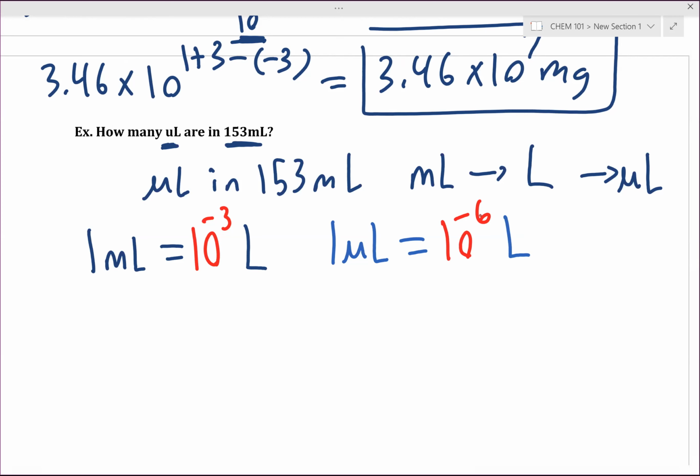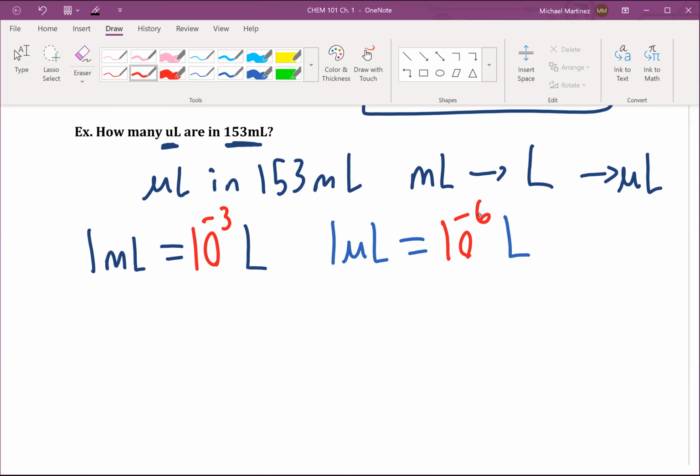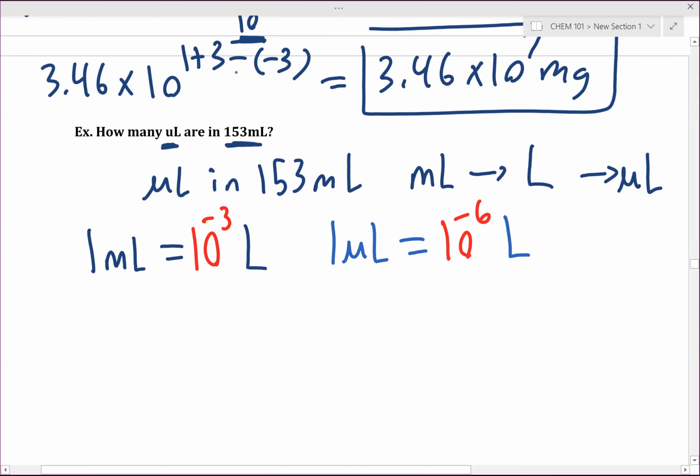Okay, perfect. So in our next step, what we need to do is take these equalities and convert them into a meaningful unit conversion factor. Okay, so if we're going first and foremost from milliliters to liters, what units need to be on top? Liters, exactly. So we're going to write 10 to the negative third liter per 1 milliliter.